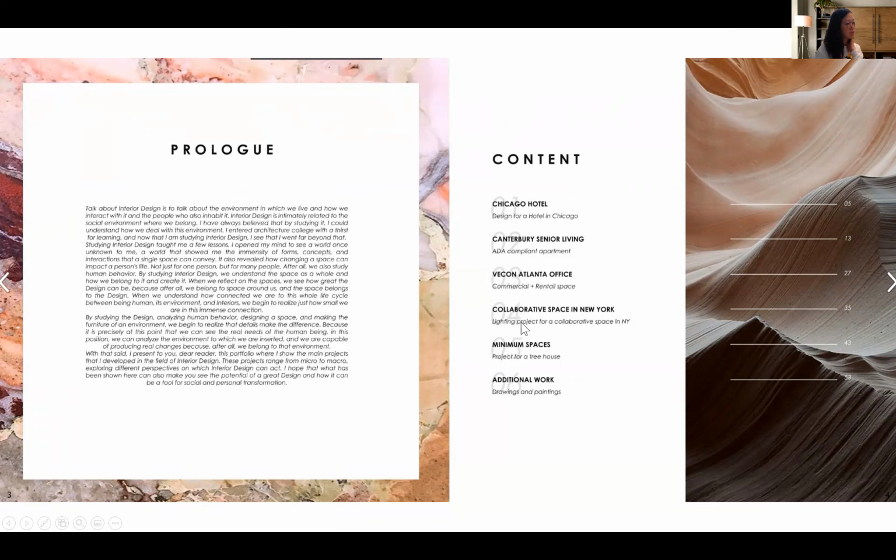And the right page has the table of contents, identifying the number of each project, and you can easily distinguish the project title and project description. So it is a really good guideline, a really good guide for reviewers to understand the next spread.